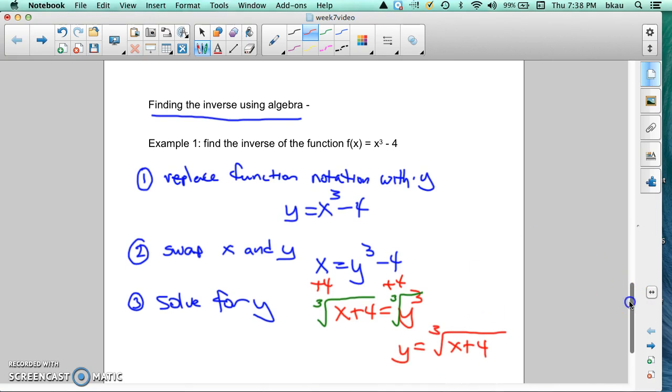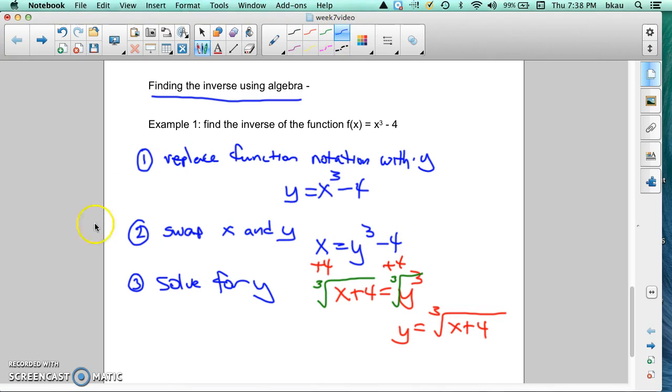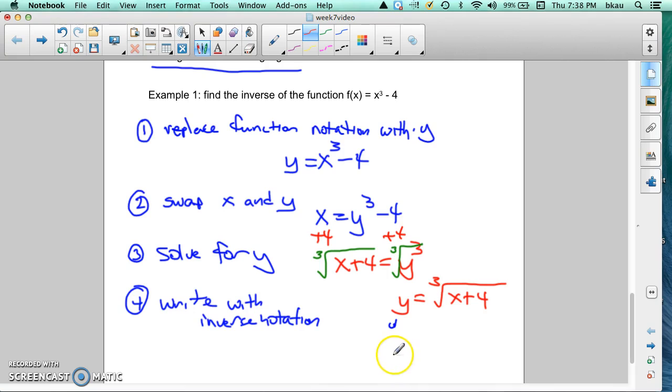Okay, and then my fourth step is just to rewrite with inverse notation. Since we were doing f of x, this y is going to become f inverse of x equals the cube root of x plus 4.